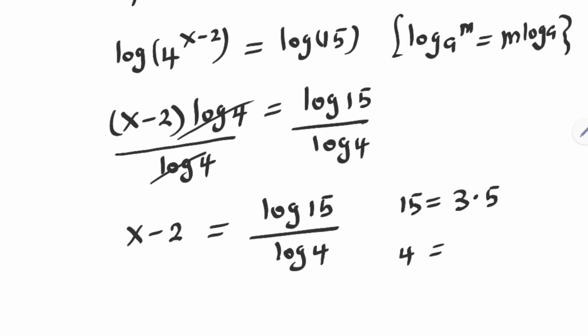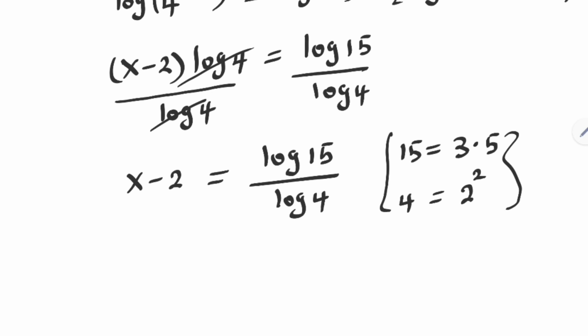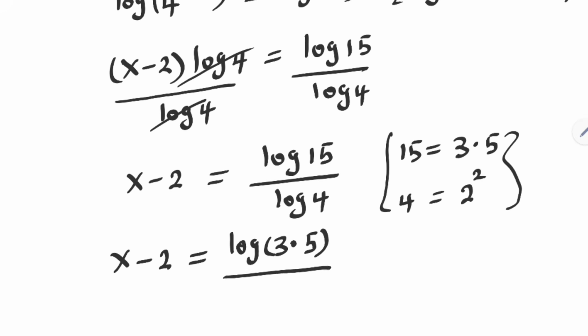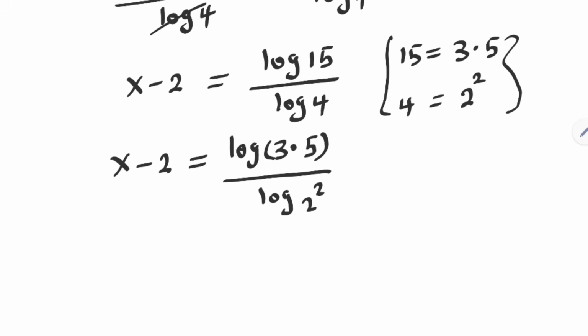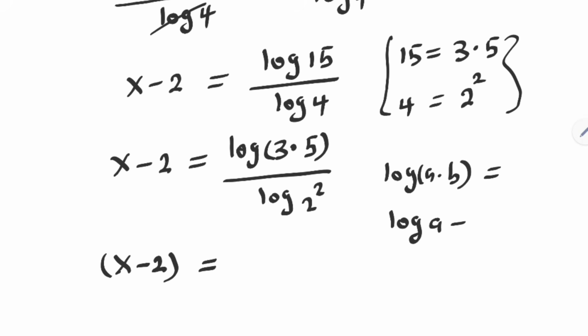Then 4 is equal to 2 square. x minus 2 is equal to log 15 can be written as log 3 multiplied by 5 over log 4 can be written as log 2 square. x minus 2 is equal to, if you have log a multiplied by b, this is equal to log a plus log b.